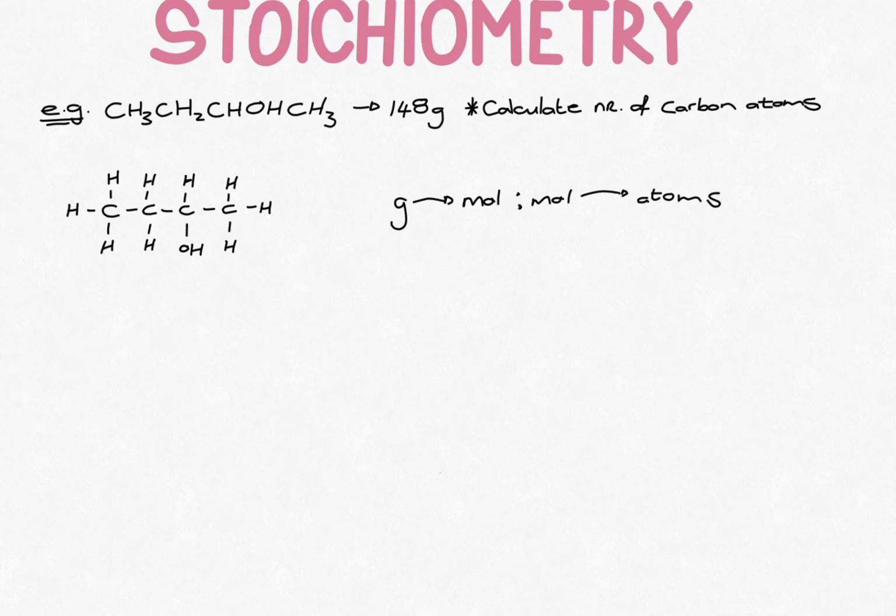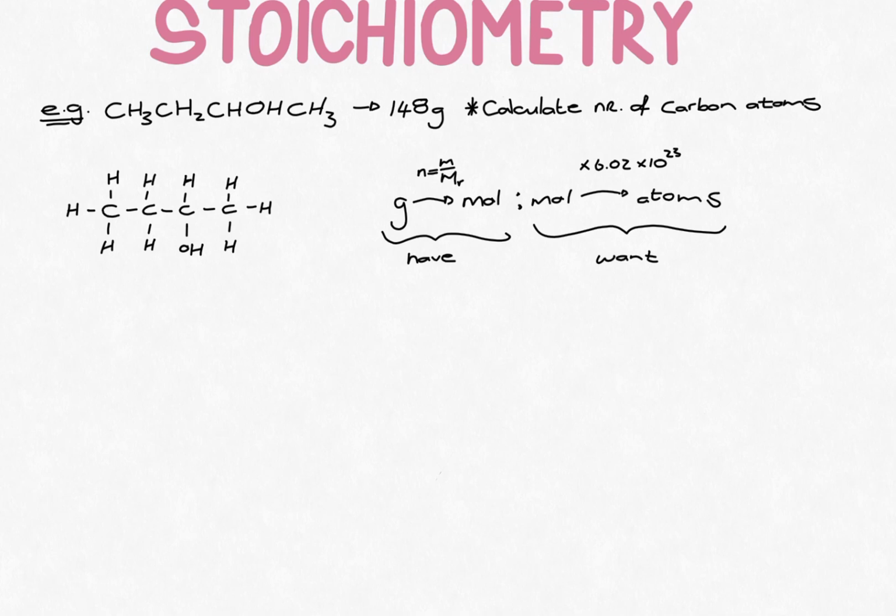To go from grams to mole, we use the equation: mole is equal to mass over molecular mass. And then from mole to atoms, we multiply by Avogadro's constant, which is 6.02 times 10 to the power of 23. The first part of my equation is what we have, and the second part is what we want.